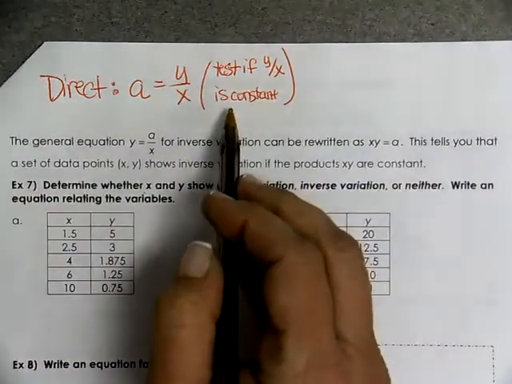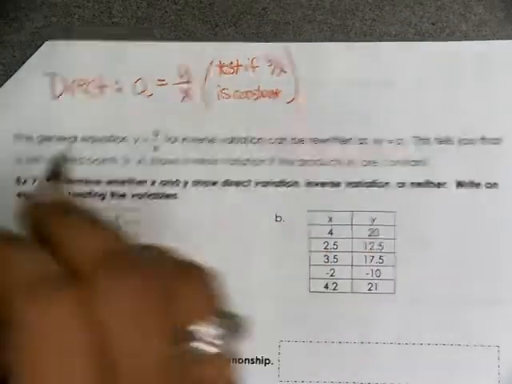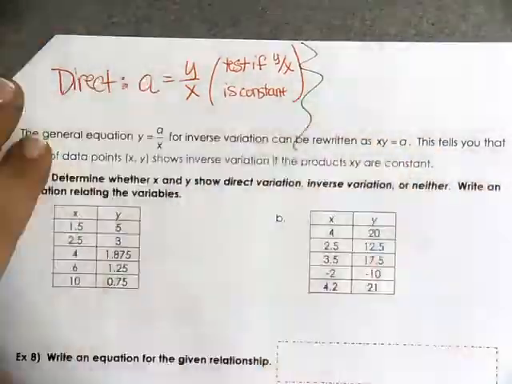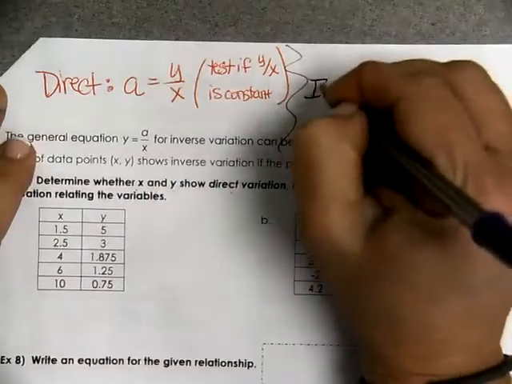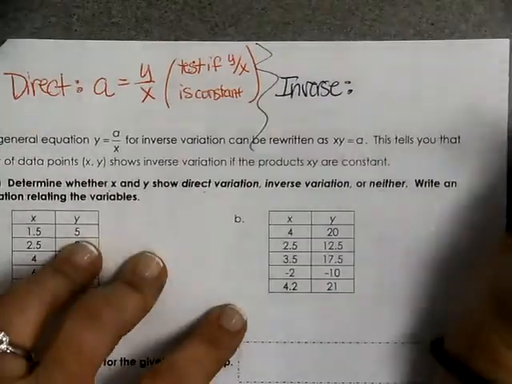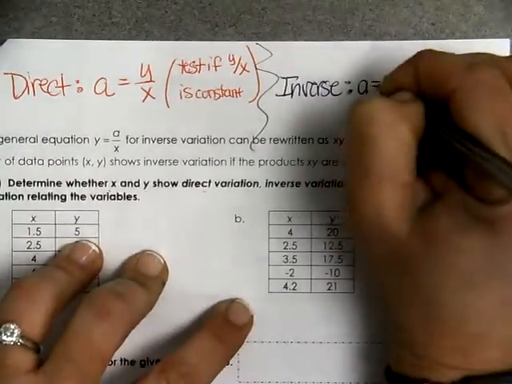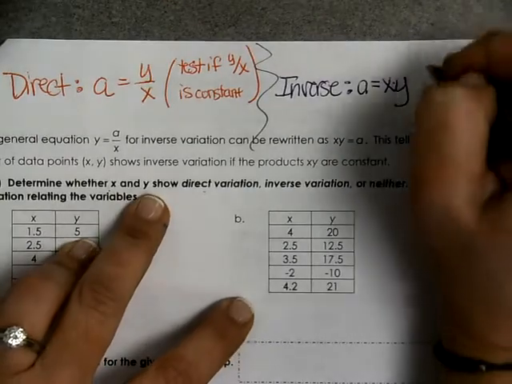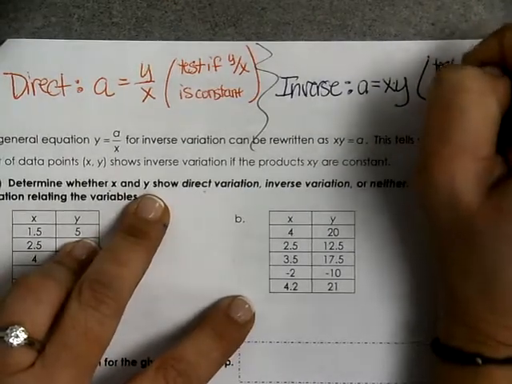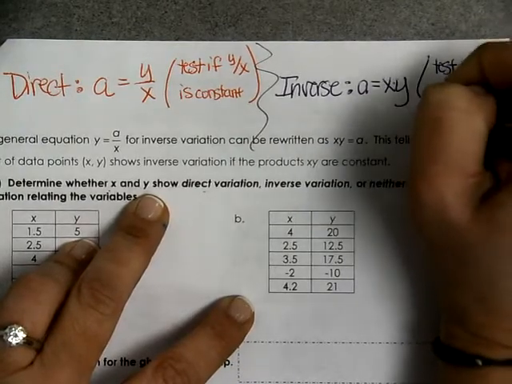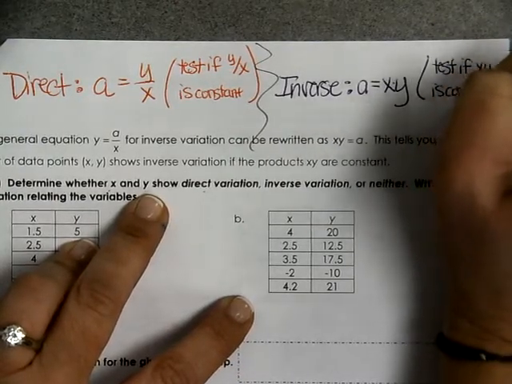We talked about that on the very front, that's what direct means. Now, what would inverse look like? Well, remember that for inverse variation, we said a equals x times y. So if it's inverse, you're going to test to see if x times y is constant instead.